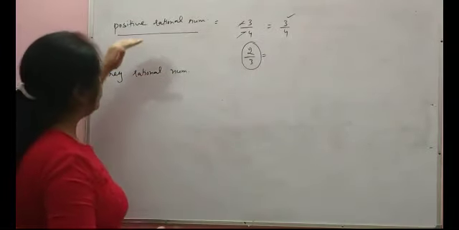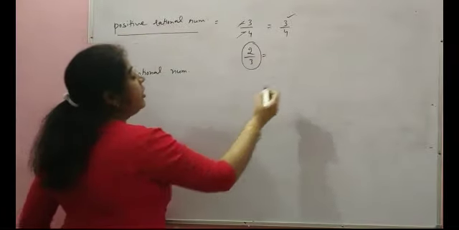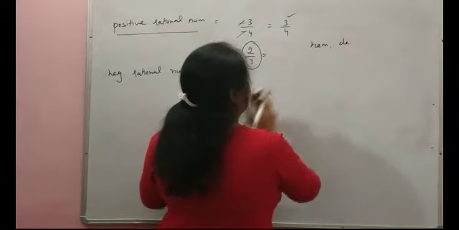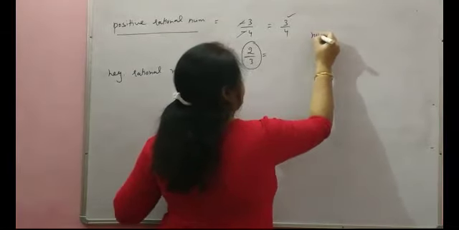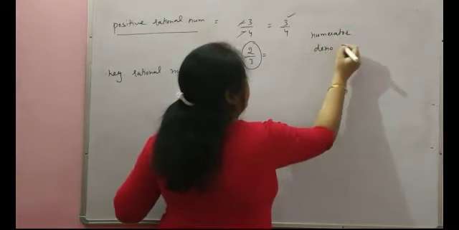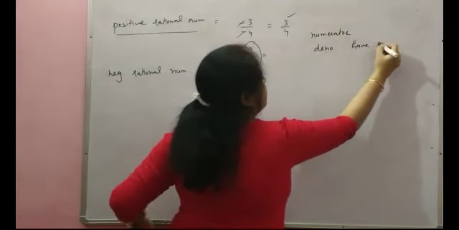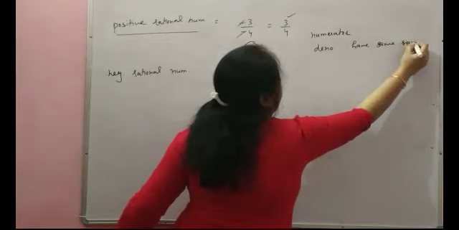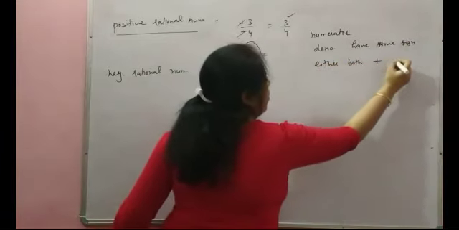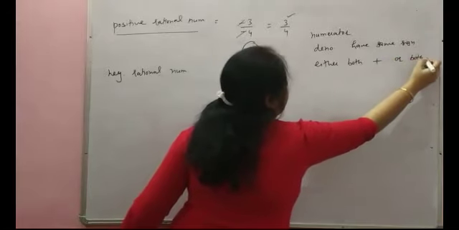So what is a positive rational number? When numerator and denominator have the same sign, either both positive or both negative.